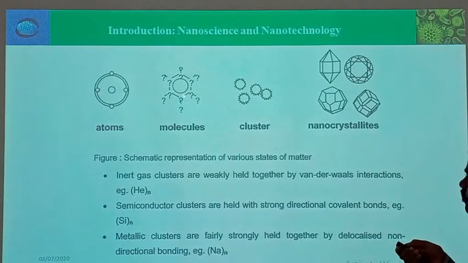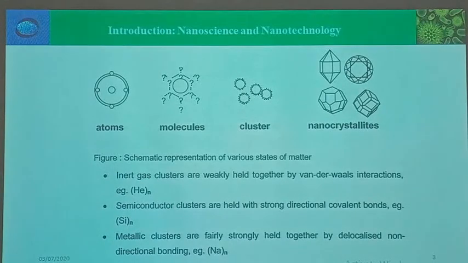Some molecules come together to form clusters, which are sometimes known as molecular clusters, and from this cluster there is a formation of crystalline. If there is a limited number of atoms or molecules which form crystallites, these are known as nanocrystallites.